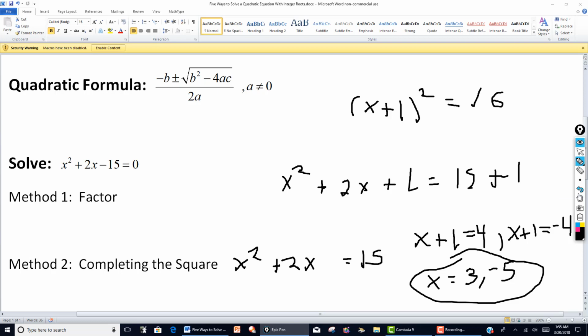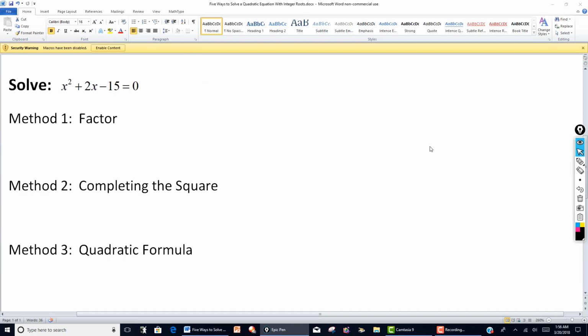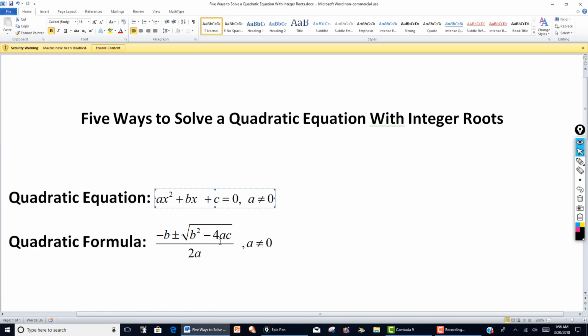Clear this? Quadratic formula. Okay, this is the quadratic formula. So we simply use the coefficients here, a, b, and c. So it's minus b plus or minus the square root of this expression here over 2a.